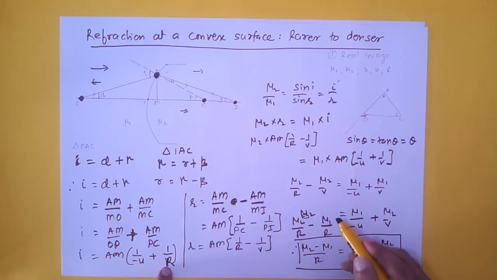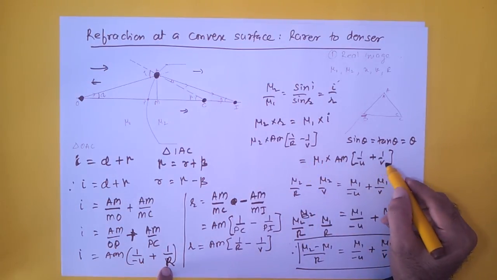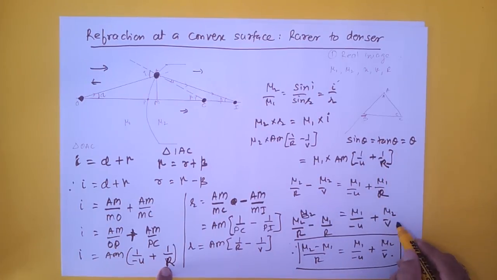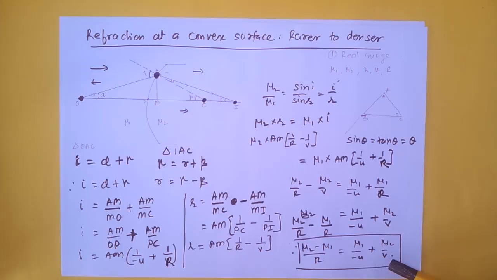So this is 1 upon R. So where we have multiplied i, this will be R, and this is how we get 2 R's over here. I made that small correction of the error which I committed. And finally we get this relationship between the refractive indexes, the distance of the object and image, and the radius of curvature. So this is how we handle the case of convex surface when we have a real image.